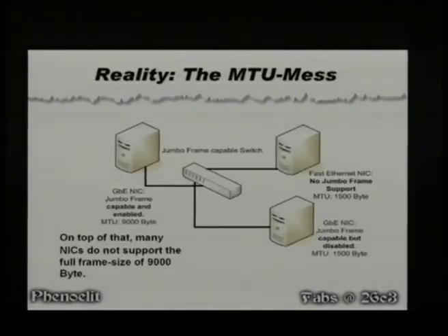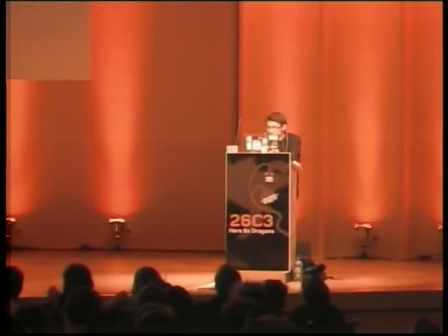The big problem is we also have those old frames as well, so we have a huge mess in our networks today. We have fast Ethernet NICs, those old 100 Mbit NICs, which can only do 1,500 bytes. We have gigabit Ethernet NICs, which are capable of doing jumbo frames, but they actually don't.